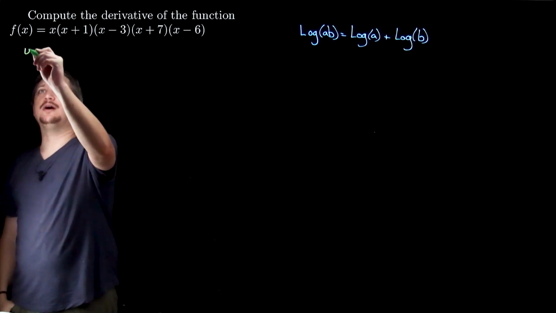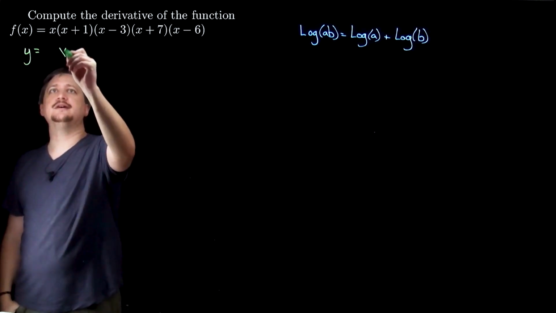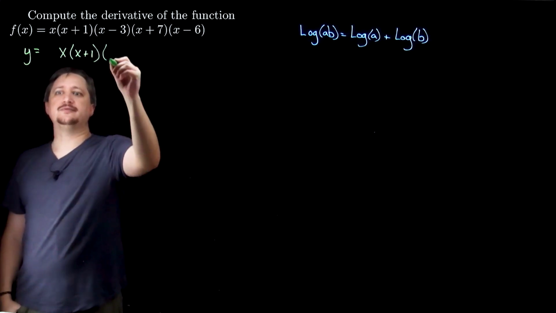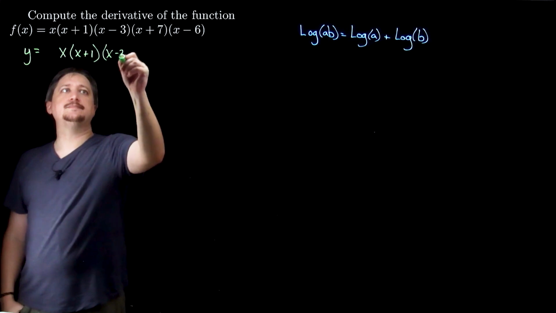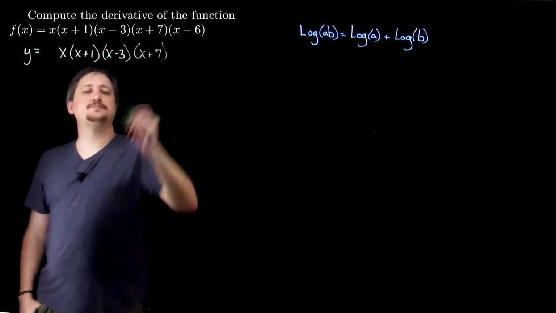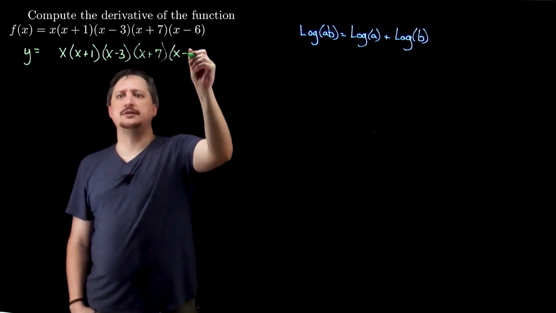So I'm going to have y equals this whole thing: x times x plus 1 times x minus 3 times x plus 7 times x minus 6.